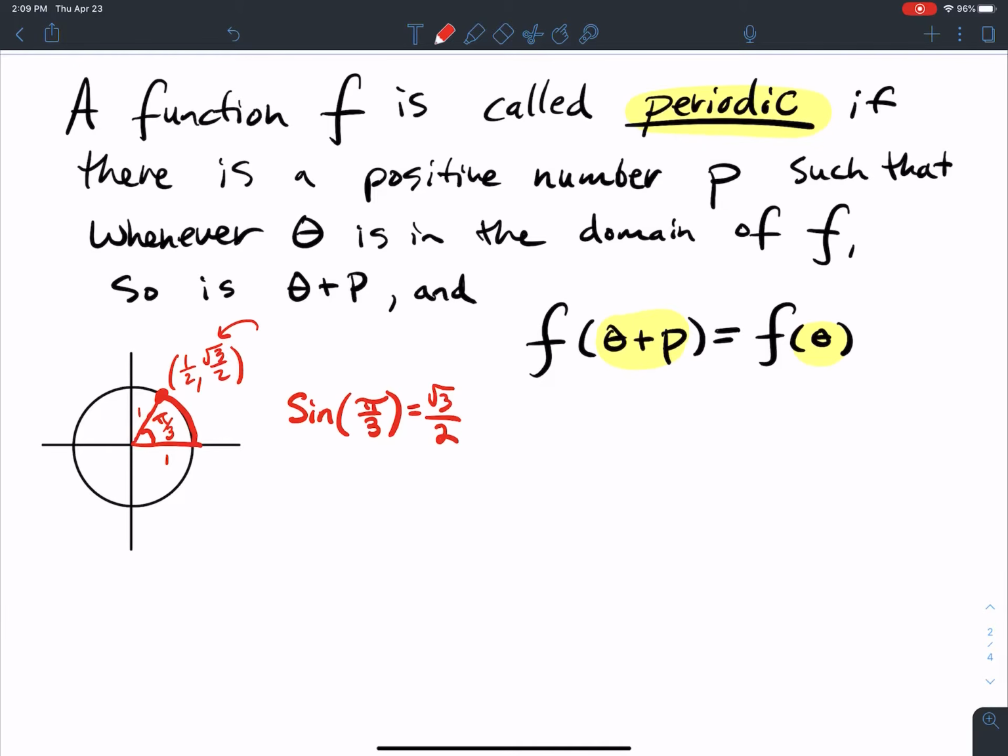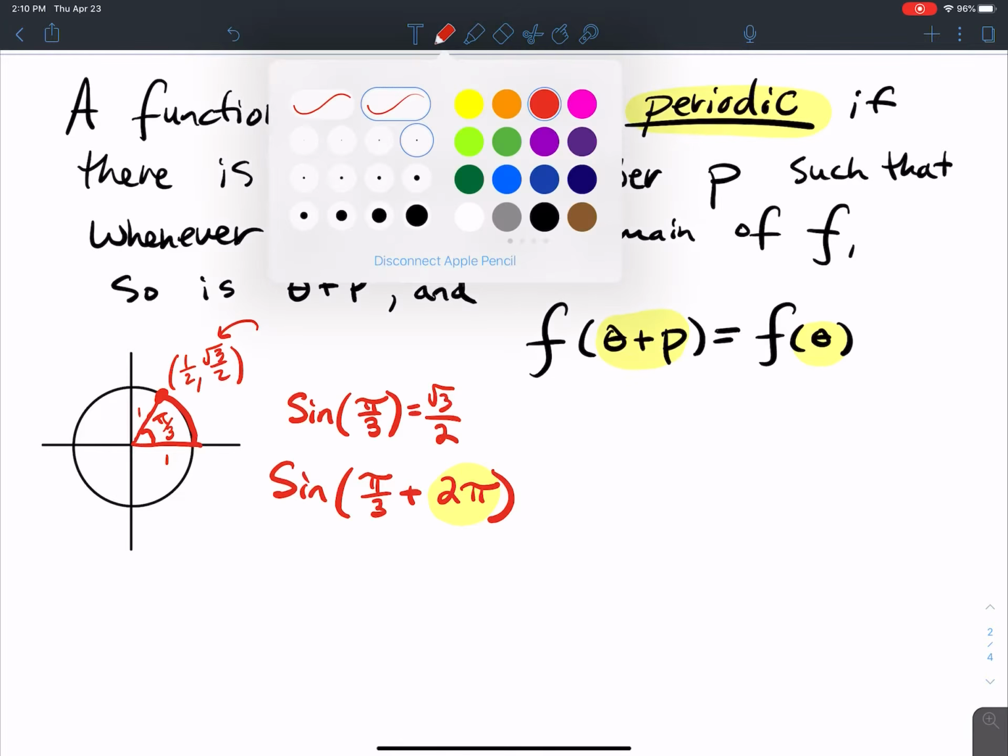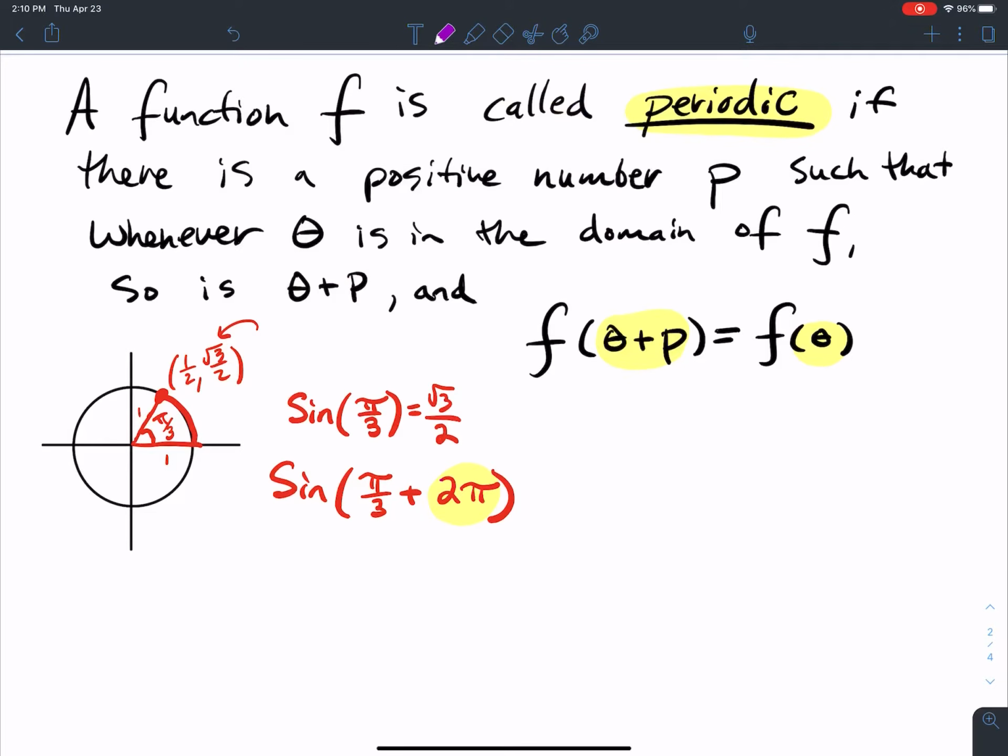Now what I want to do is test, what about the sine of pi over 3 plus, let's take a number, 2 pi here. If I add this 2 pi, what's that going to do to my angle? It's going to rotate all the way around until I get right back to where I was. 2 pi, one full rotation.